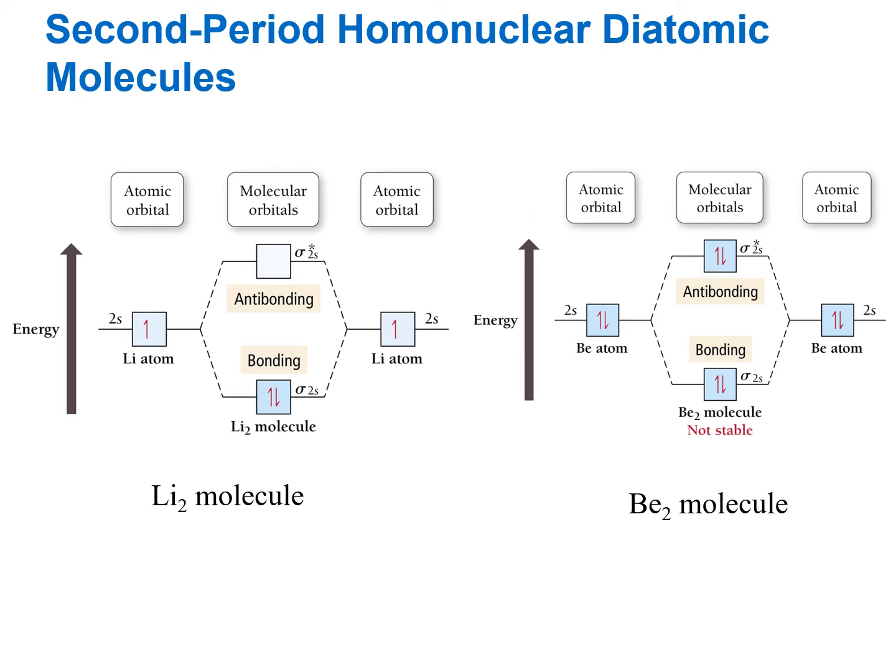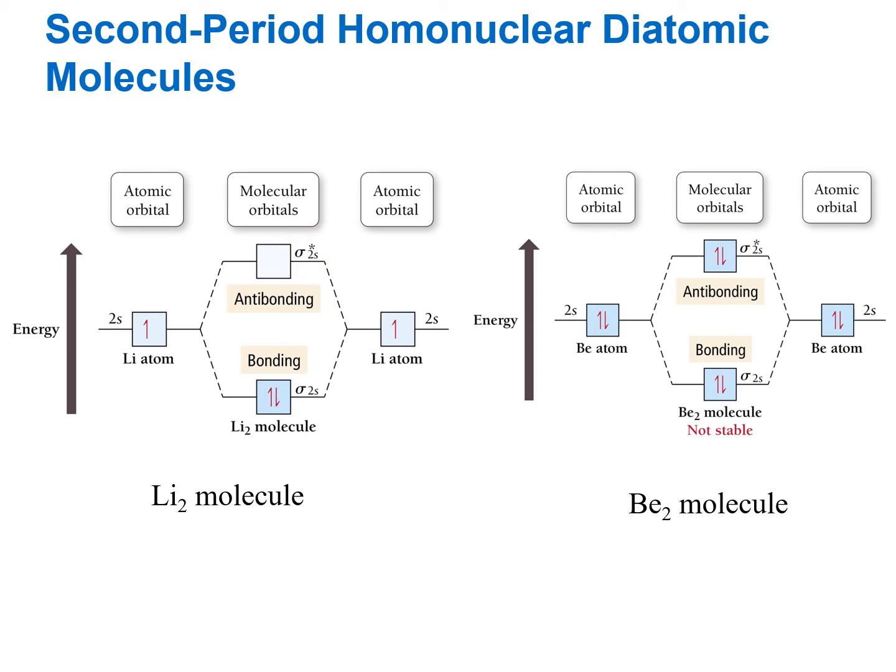The exception being that now our valence electrons are located in the 2s subshell. And when we start filling in the bonding and anti-bonding electrons, we're going to have a sigma 2s and an anti-sigma 2s.